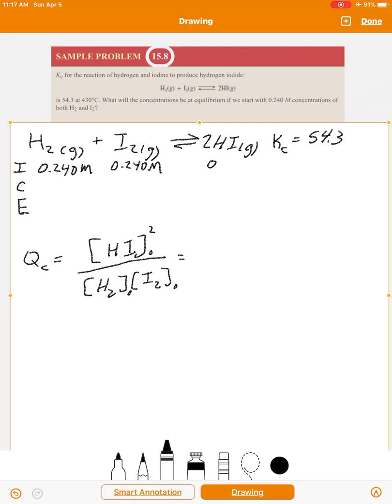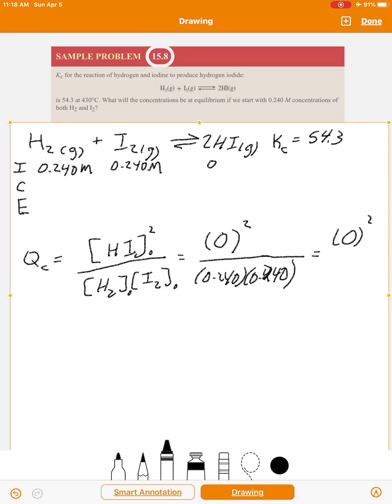So the initial concentrations, HI is 0, divided by 0.240, 0.240.